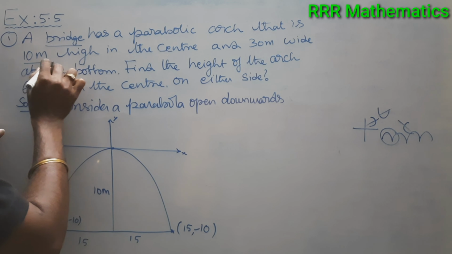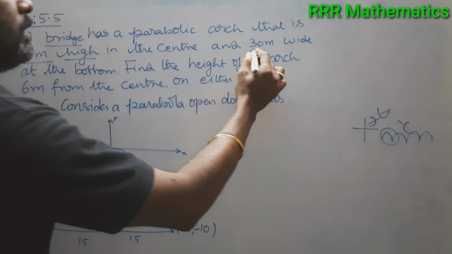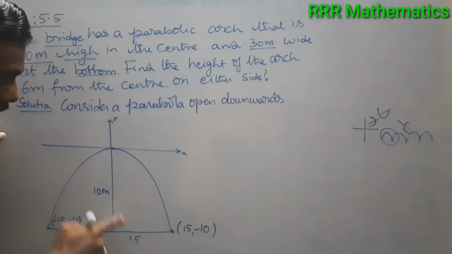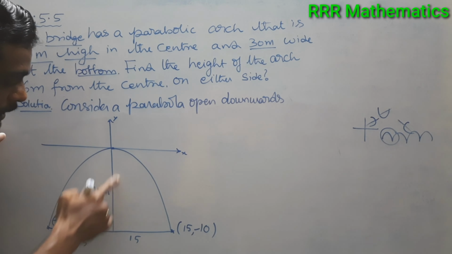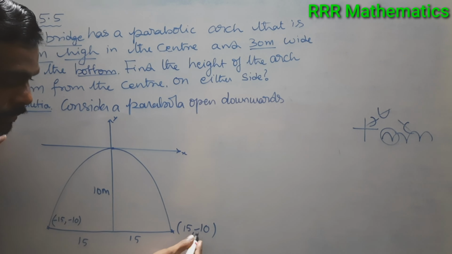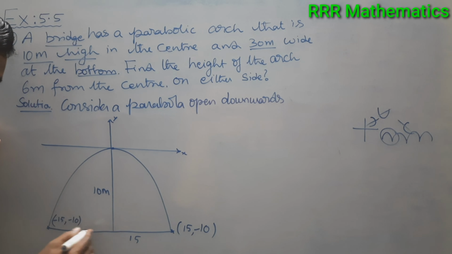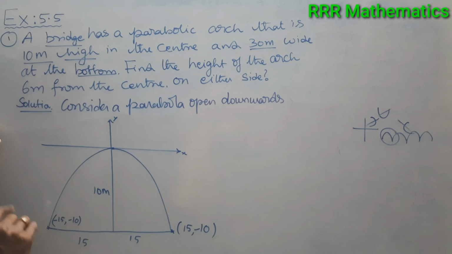So, 10 meter high in the center gives this distance, and 30 meter wide at the bottom is 15 and 15.